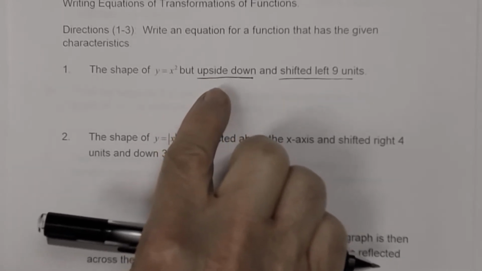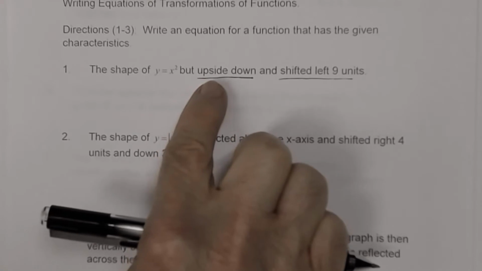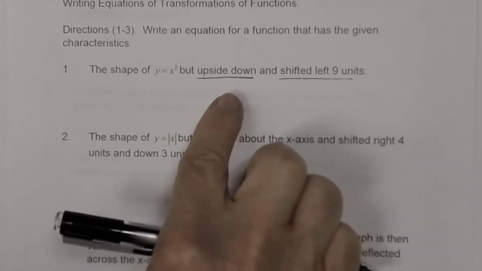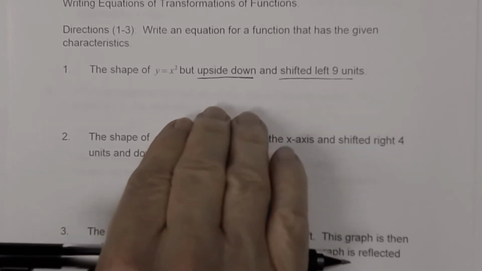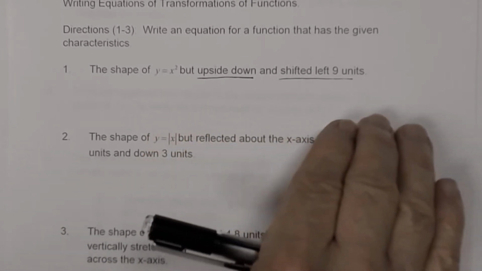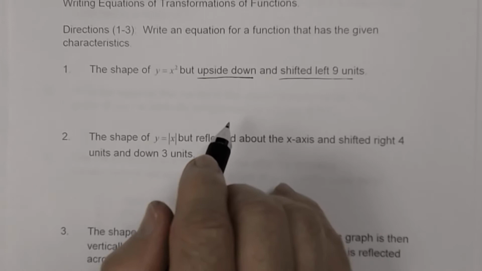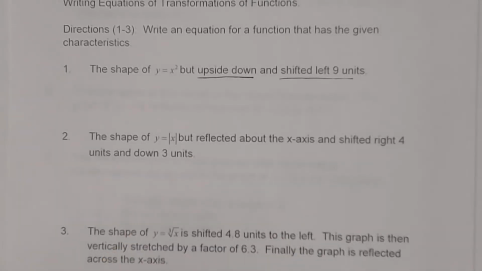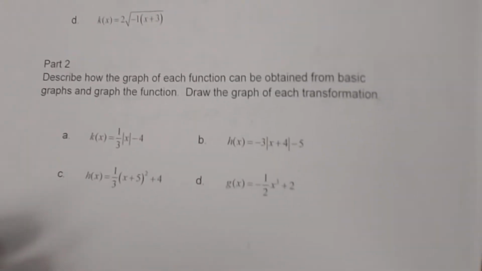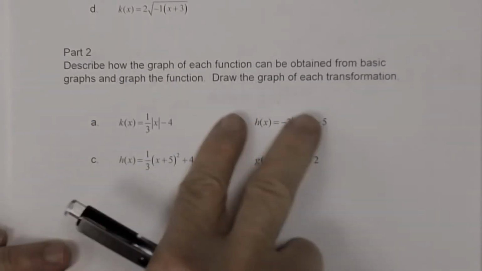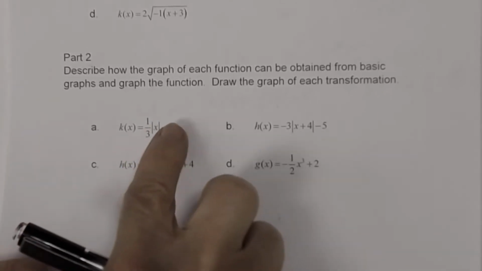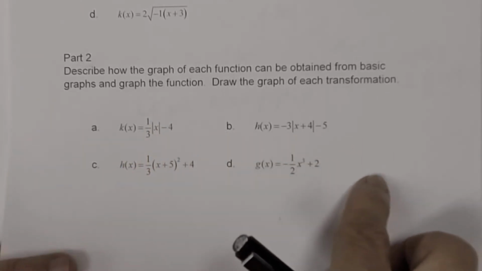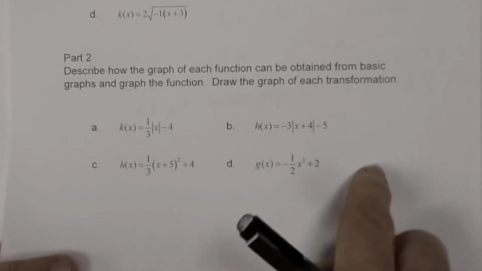So what I want you to do is this. Here's your first one. Now make sure you do it in the order in which you see it. When the descriptions are given, it's got to be in the order in which you see it. If the symbolic representation is given, like in the previous lessons we did, so remember there was a lesson where the symbolic function was given, you're asked to write the description of the transformations and then graph each one.